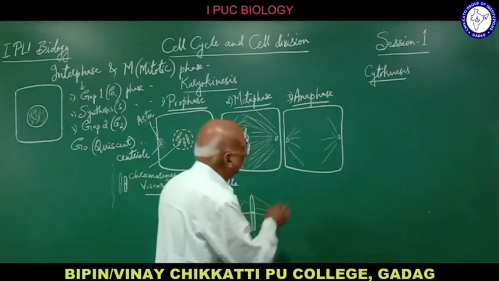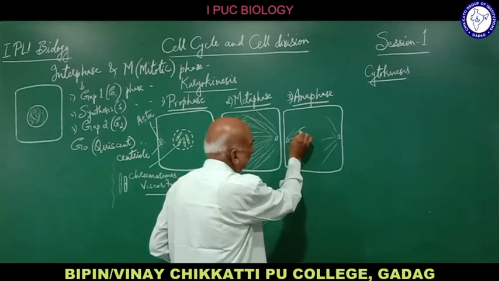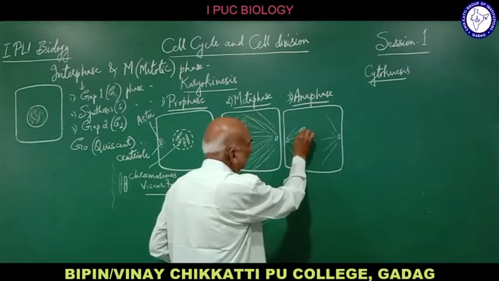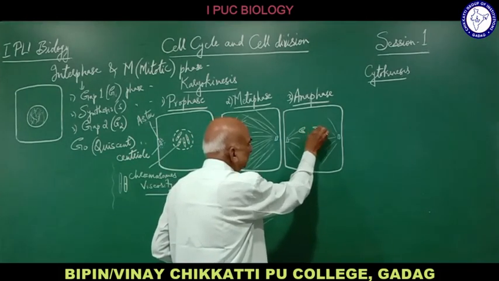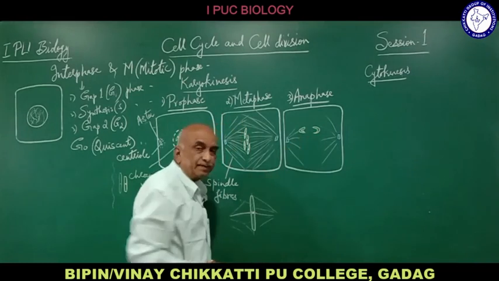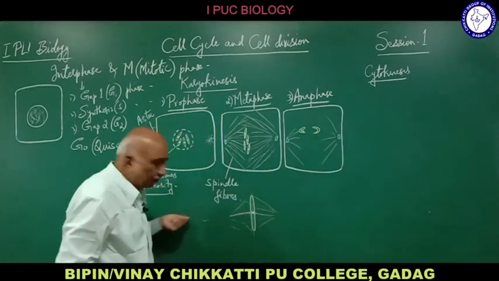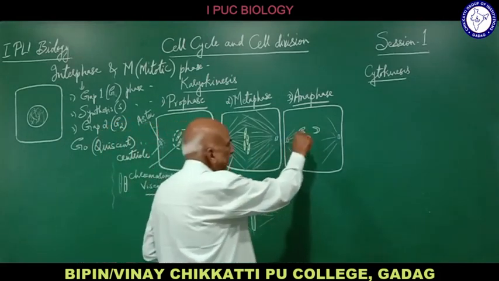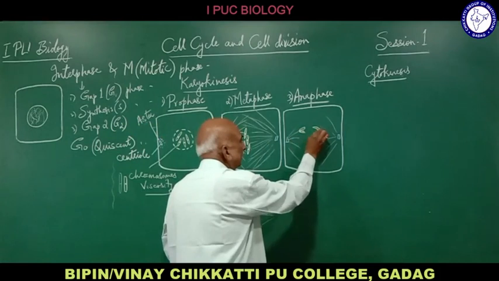During the pulling by the fiber, the chromosomes appear to be bent like this. This is the other half of the chromosome. Actually these two were a single chromosome. When this was split and pulled, the tips bend like this.